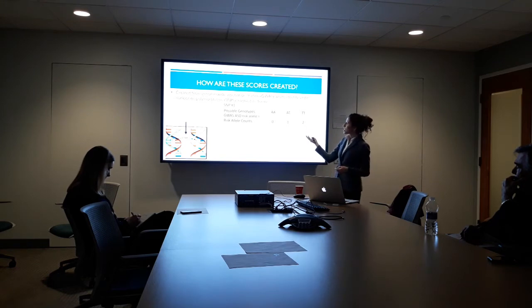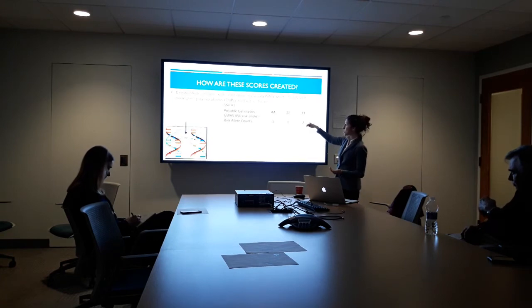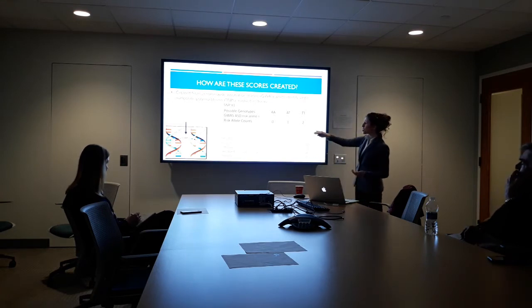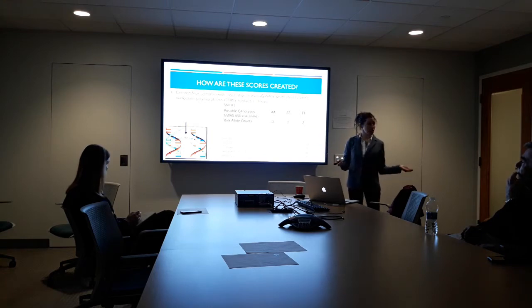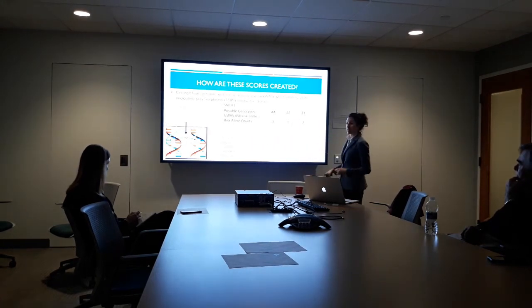So individuals with the genotype AA are at 0 risk. They don't have the alleles. Individuals heterozygous for the T allele have 1 of the alleles, and individuals homozygous for the T allele have 2, right? And so what you do is for each individual, you identify at each specific SNP site whether or not they have the risk allele. And then you sum up at each SNP site whether they have the risk allele, and you get a summed risk score.